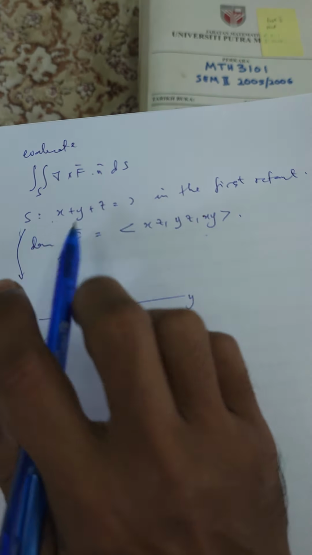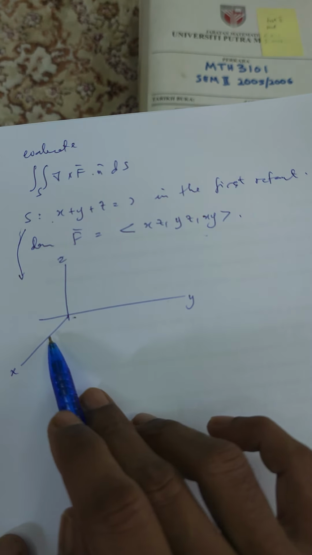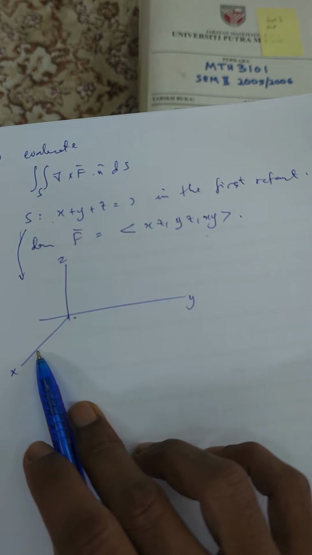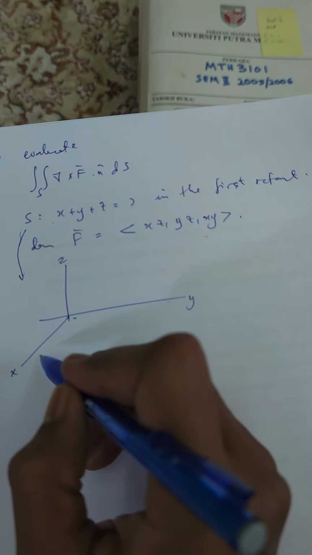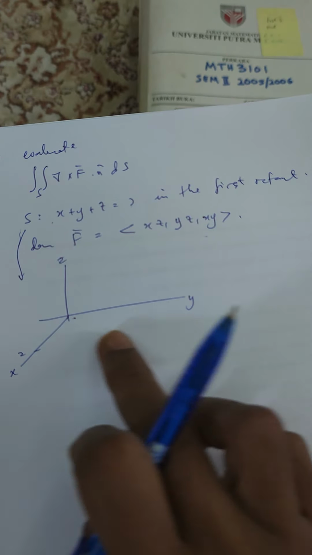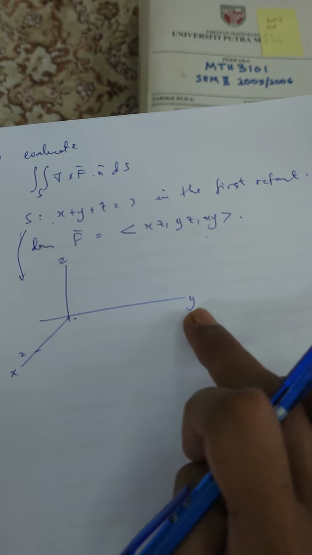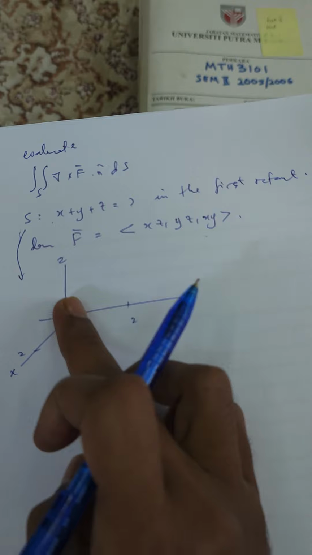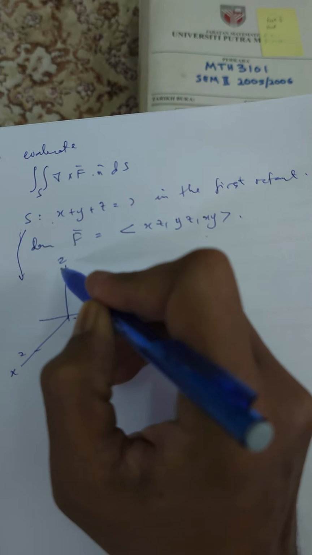First consider the axes. On the x-axis, y and z are 0, so we get x equal to 2. On the y-axis, x and z are 0, so y equal to 2. On the z-axis, x and y are 0, so z equal to 2.